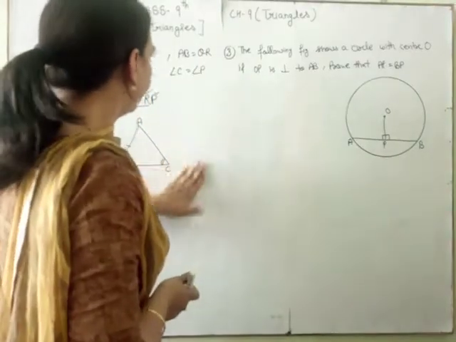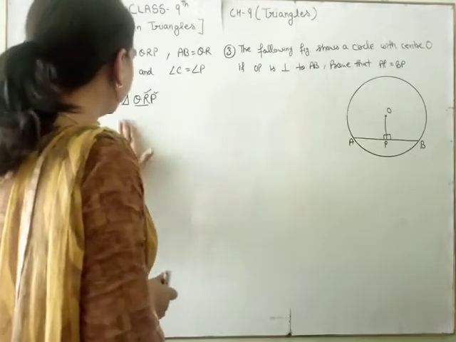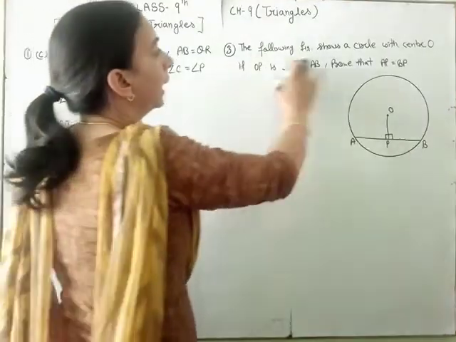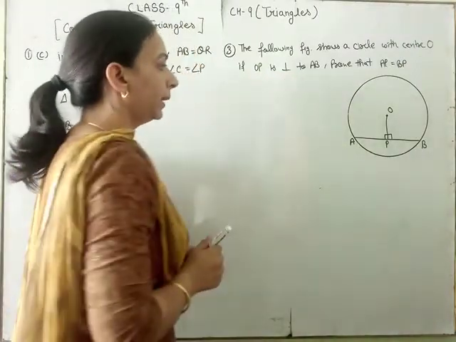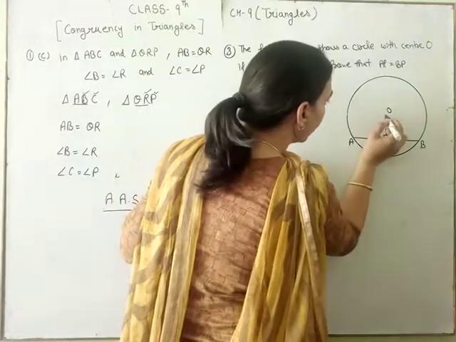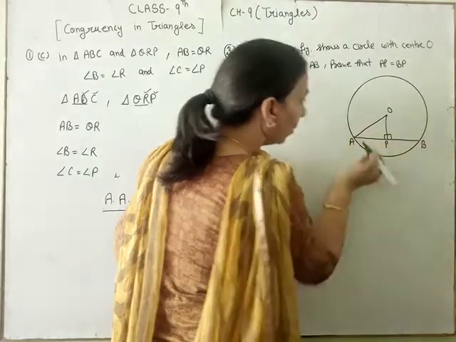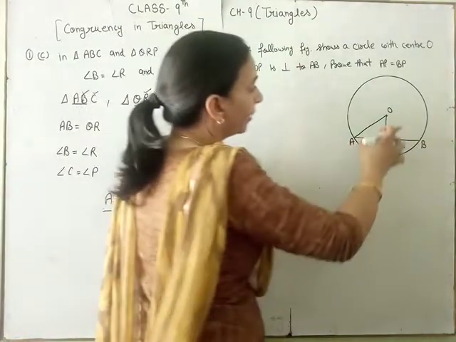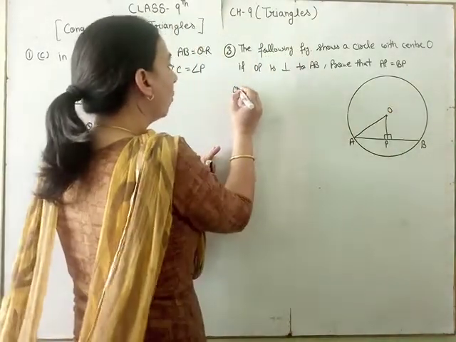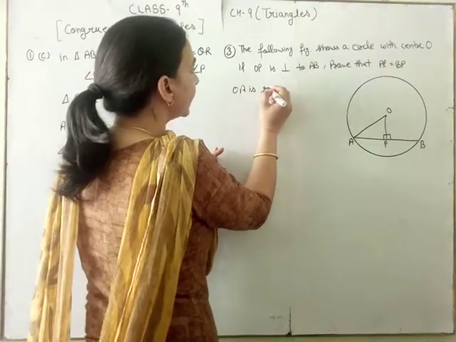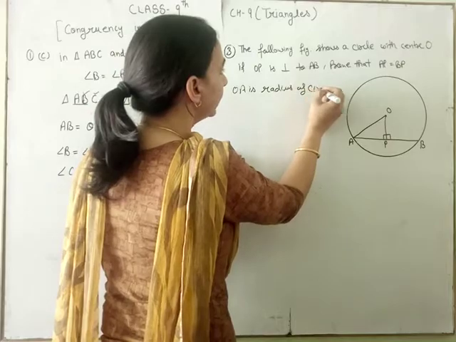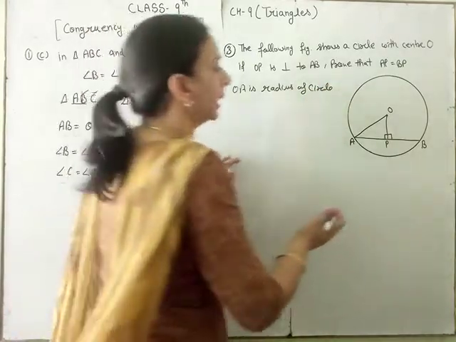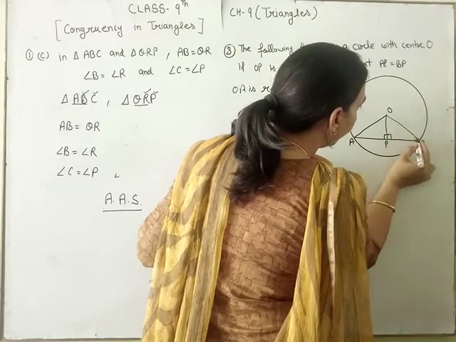For this, we use the given condition. Center is O and OP is perpendicular to AB. This chapter is according to triangles. Then we join OA. What is OA? OA is a radius of a circle. Okay, you know. Next, we join OB.